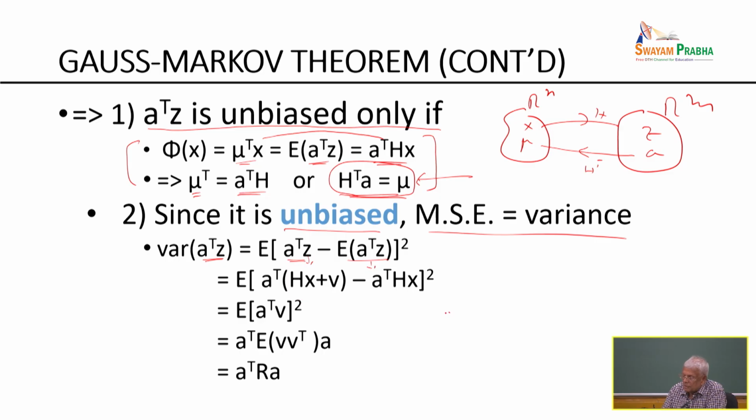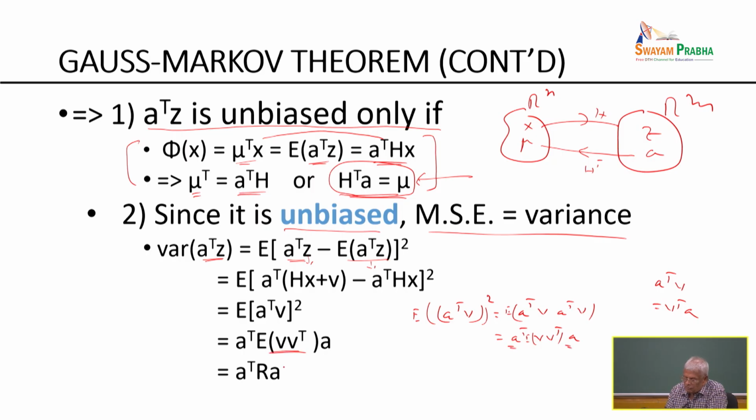Please understand, A transpose V whole square is equal to A transpose V times A transpose V. But you do know A transpose V is equal to V transpose A. So this is equal to A transpose V, V transpose A. The expected value of this is equal to A transpose times the expected value of V V transpose times A, because A is a constant.